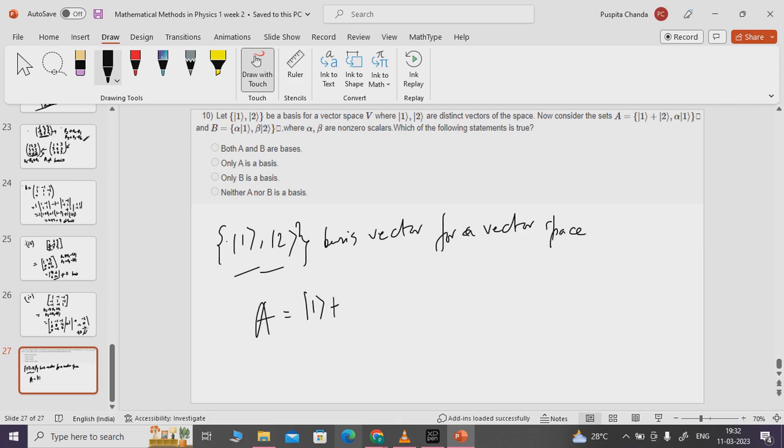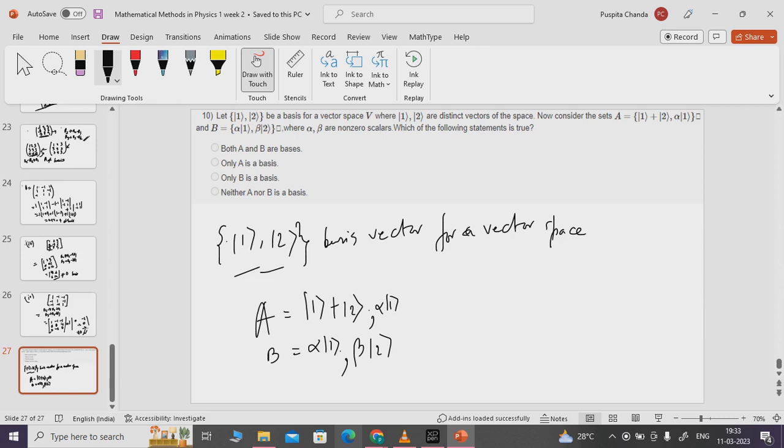Now A is the set consisting of v1 plus v2 and alpha v1, and B consists of alpha v1 and beta v2.